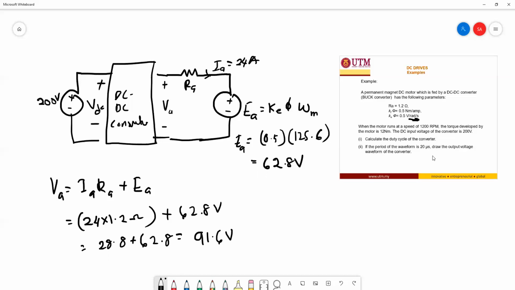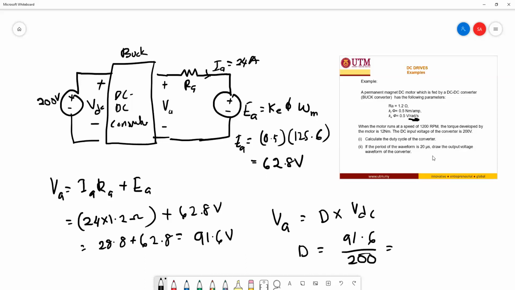So since it uses a buck converter, your V armature, which is your V output of the DC-DC converter, is D multiplied with your VDC. So from here you can calculate your duty cycle. 91.6 over your VDC, which is 200 volts.